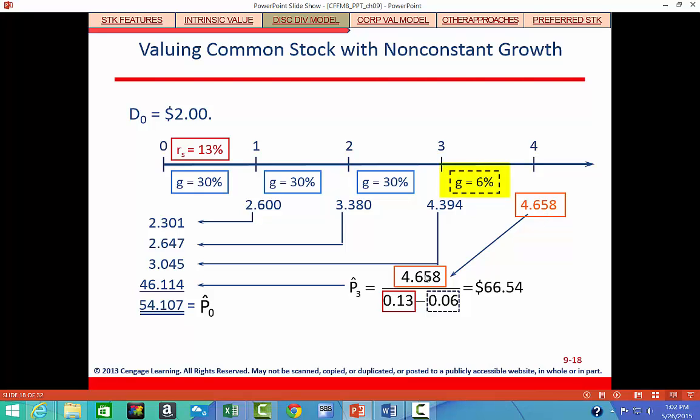So that is the D4 divided by R minus G, and keep in mind that now the G is 6%. It's the long run constant growth rate. And so the value of everything after year 3, at time 3, is $66.54. Now that's not a present value, it's a time 3 value. So we need to discount the $66.54 all the way back to time 0, or today's dollar values. And so once you have these numbers, you can sum them up and find the price of the stock today.